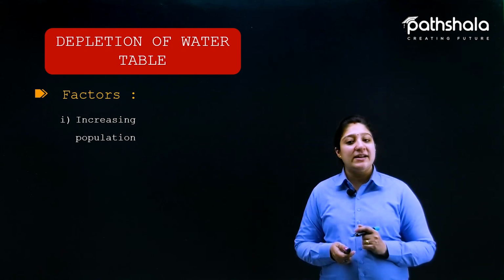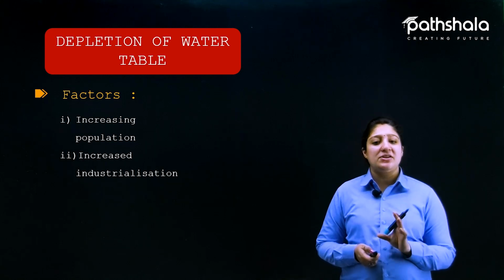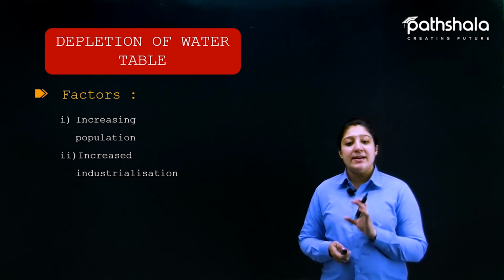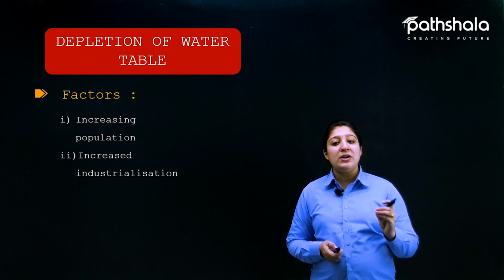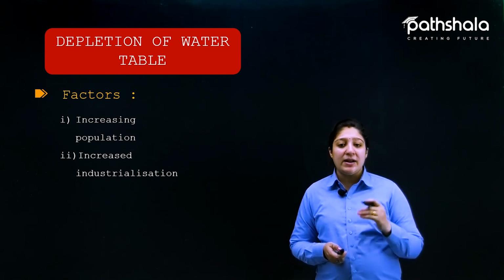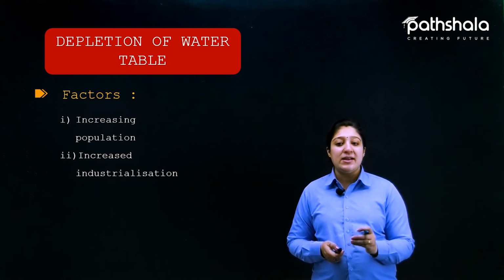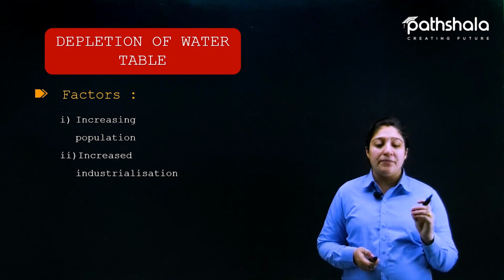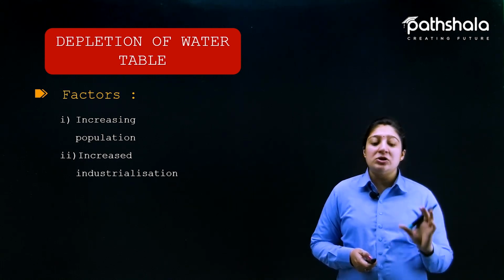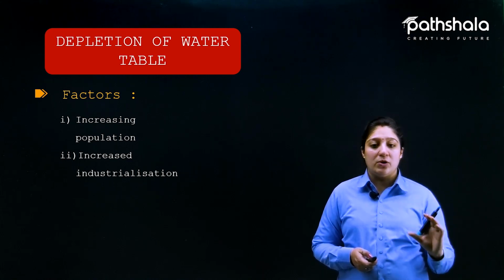Now let's move to the next factor, that is increased industrialization. What is industrialization basically? Industrialization means forming of more industries. All the activities done by the industries depend on water. They also depend on sources which get the water from the groundwater.